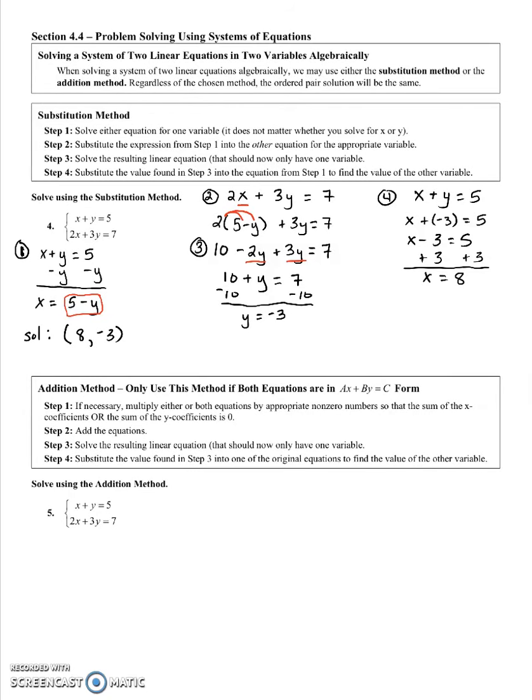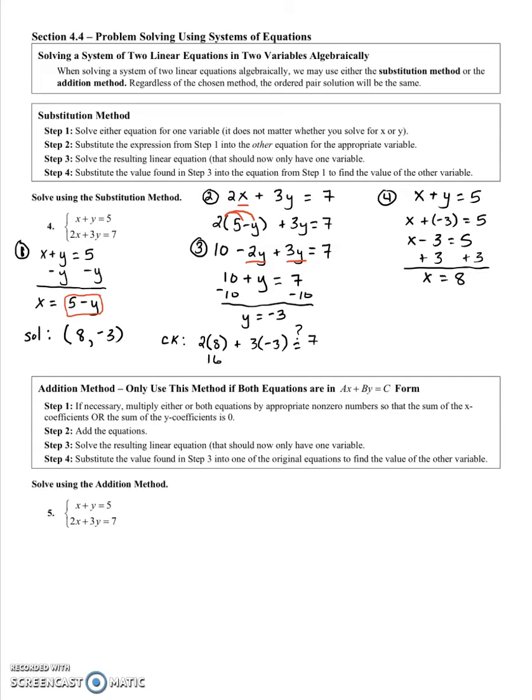And of course we should check that. We know it works for sure in the first equation because that's how we got our answer. Let's see if it works in the second one. We have 2 times x, which is 8, plus 3 times y, which is negative 3, and we need to know if that equals 7.